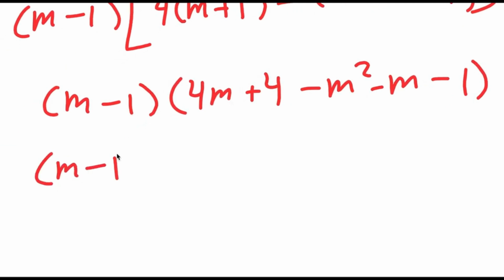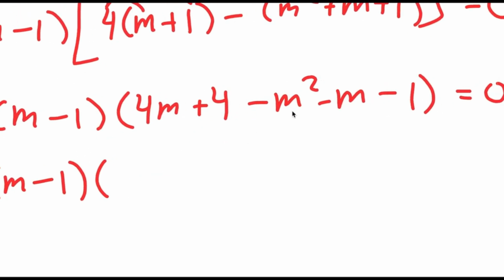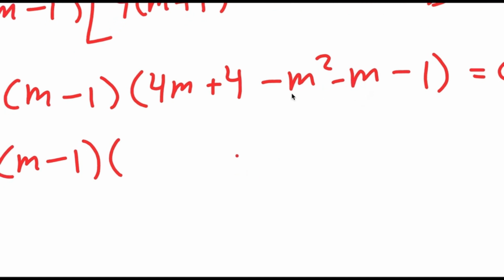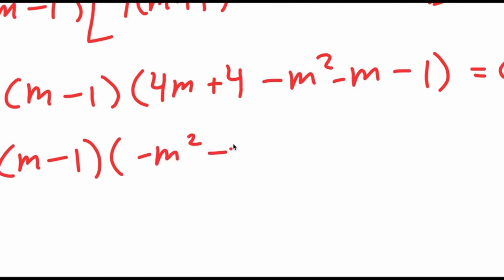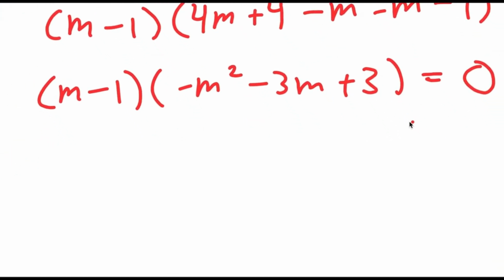So now this turns into m minus 1 times 4m minus m is 3m, so I have negative m squared minus 3m. Positive 4 minus 1 is positive 3. So this is equal to 0. So now, this is a lot more simplified.